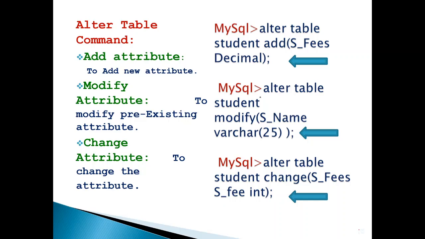Next is alter table student modify name varchar 25. You can modify a pre-existing attribute with the help of modify. And the last one is alter table student change. If you want to totally change the pre-existing attribute with a new one, then you can use the alter command with the change keyword.